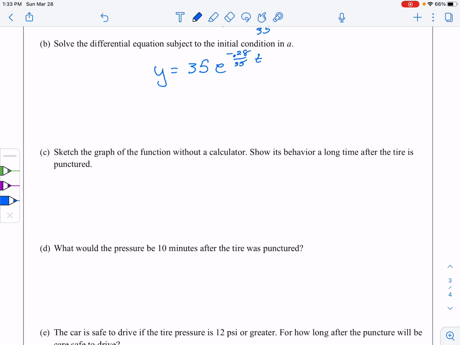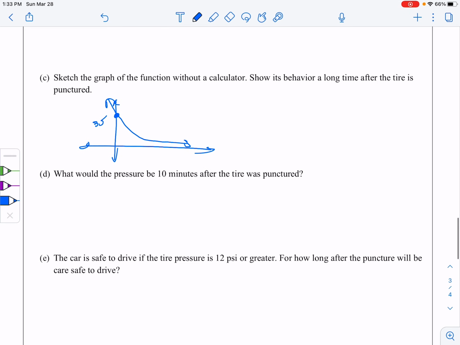Well, you know, at 0, it's going through 35, and the pressure's decreasing. It's e to a negative power. That's what your graph looks like. It's going to slowly go to 0, correct? Correct.